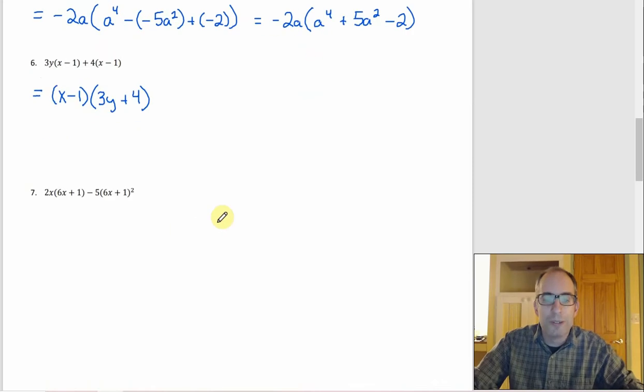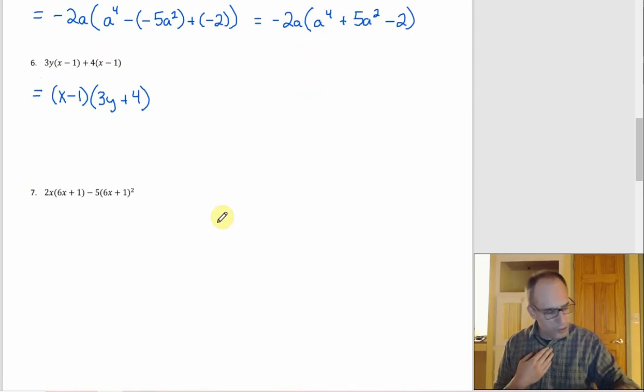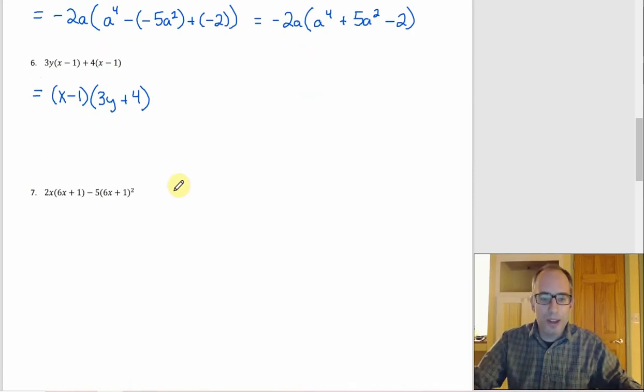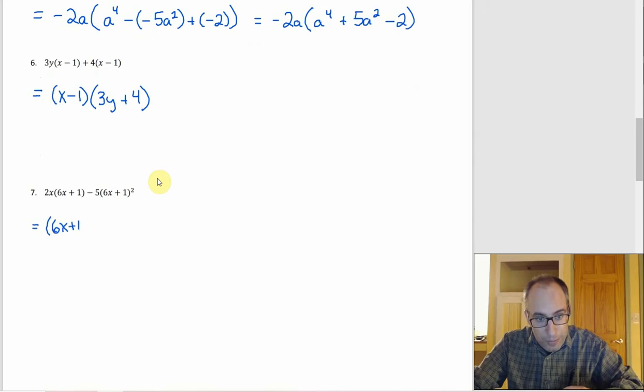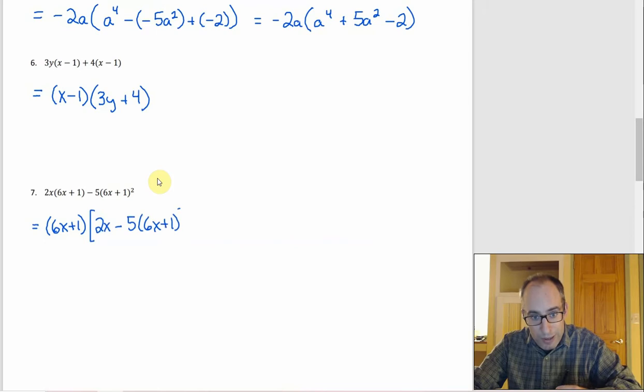Number 7, we're going to do the same thing, except that here we have a 6x plus 1 quantity squared. So we are going to factor the 6x plus 1 out. And then what we're going to be left with, and I need brackets because I'm going to have two sets of grouping symbols, is a 2x from the first term, and then minus 5 times 6x plus 1 from the second. So why do I have a 6x plus 1 here?